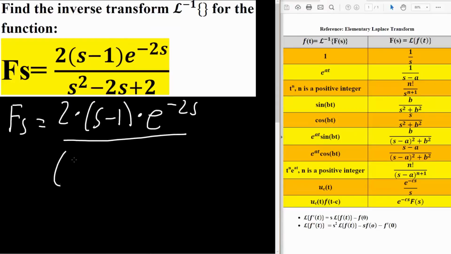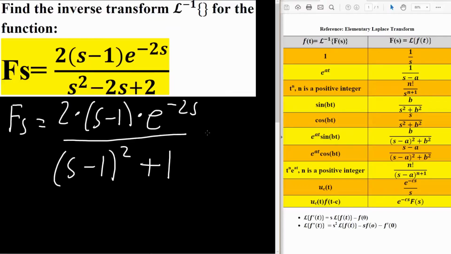And we say (s minus 1) squared. By doing that, we get s squared, and we also get minus 2s. But we also get plus 1, and we have a plus 2. And so we simply got to say plus 1. And so now we have s squared minus 2s plus 1, so we get plus 2. And so this right here is equivalent to this.